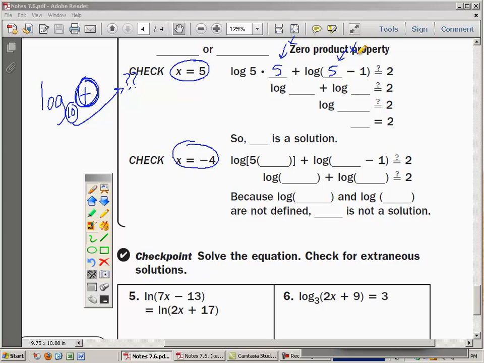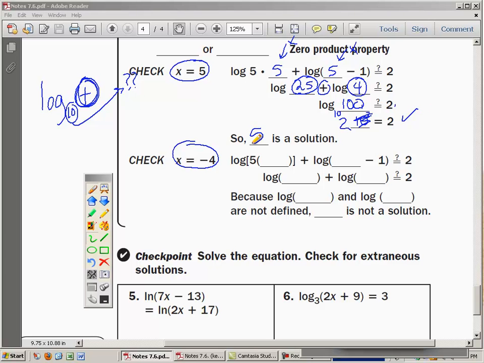Okay, 5 times 5 is 25, and 5 minus 1 is 4. And since this is plus, that becomes times. We end up with 25 times 4, which is 100. Log base 10 of 100 is 2, because 10 to the second power is 100. Okay, so in any case, this one works out. All right, so 5 is a solution.